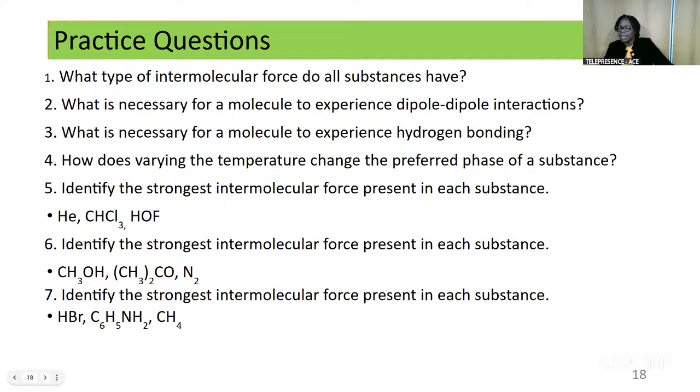No. I taught you London forces, and I taught you dipole-induced dipole, and I said these two are the types we call van der Waals forces. So dipole-dipole attraction is not a type of van der Waals force. I think I've answered your question.